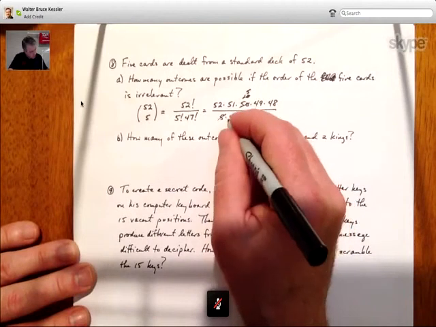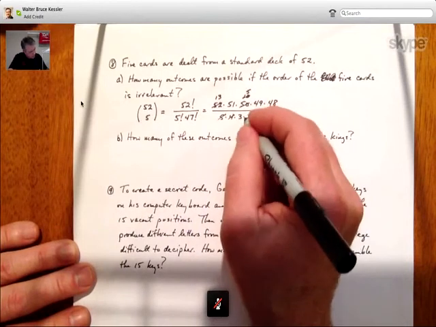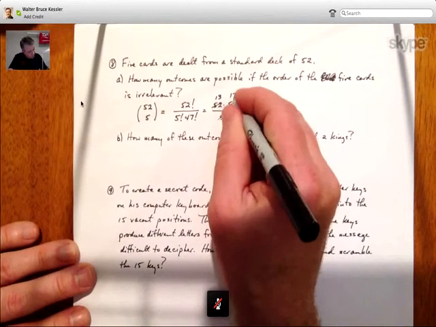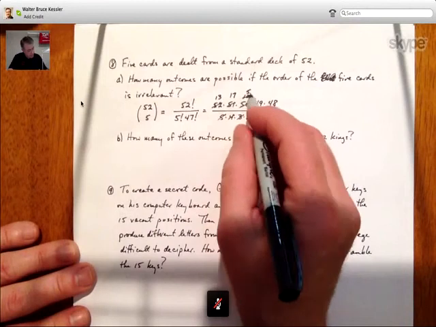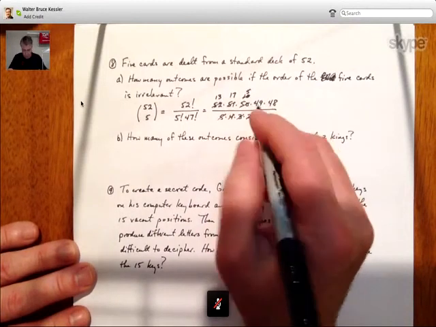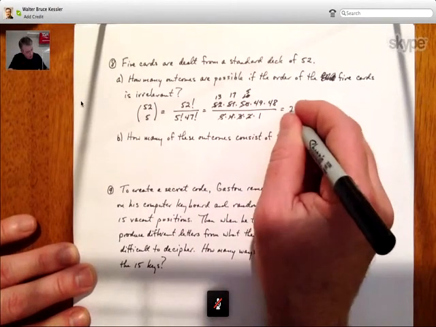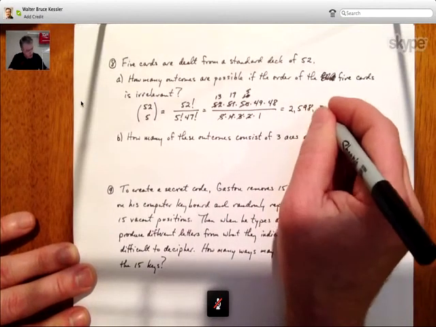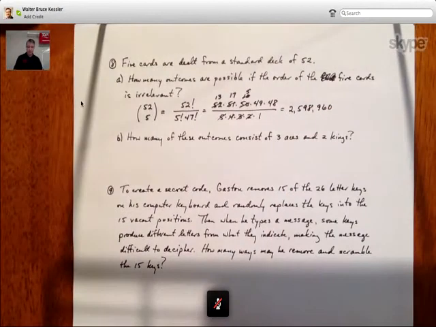And let's see, 4 goes into 52 13 times, 3 goes into 51 17 times. So whatever 13 times 17 times 5 times 49 times 48 is, on my paper I get that to be 2,598,960. Okay, different 5-card hands you could get from a standard deck.